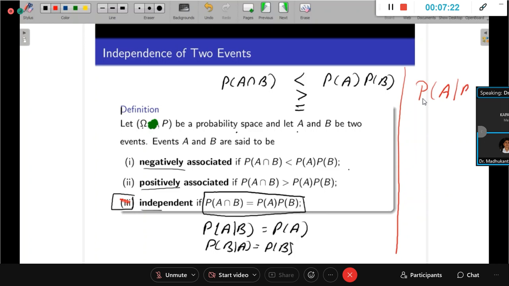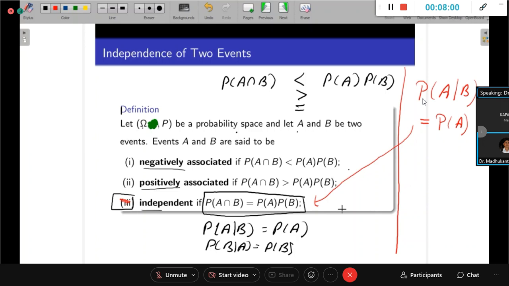So you have the probability of A given B. When B has already occurred, what is the probability that the event A has occurred? If you somehow establish that this is equal to the probability of A, it means B does not affect the occurrence of the event A. If you solve this using the conditional probability formula, you actually land up with this definition.